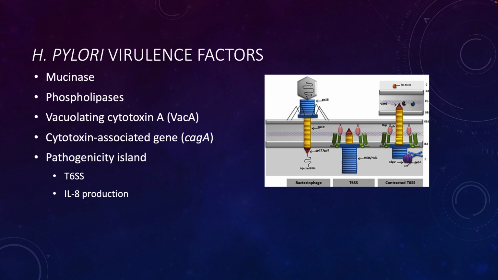The IL-8 production induced by Helicobacter pylori is associated with increased inflammation. This is a pro-inflammatory cytokine. Pro-inflammatory cytokines are good in some respects. It's always good to have some inflammation when you have an infection, because that inflammatory process can help lead to a cleanup of the infection.